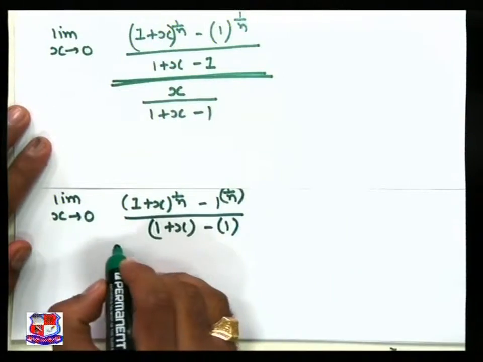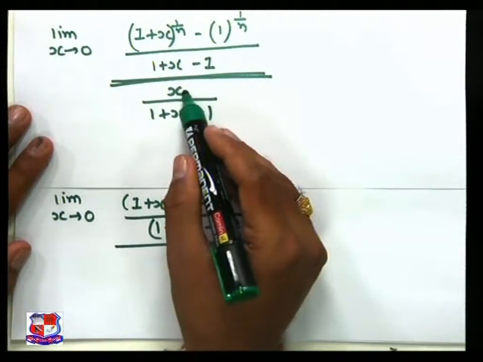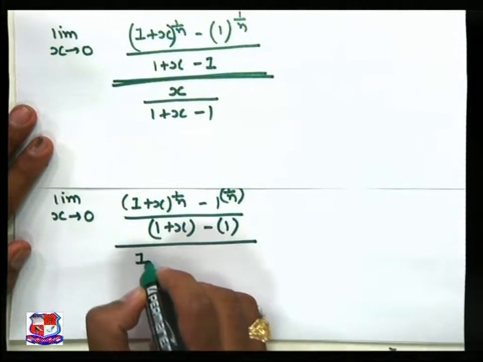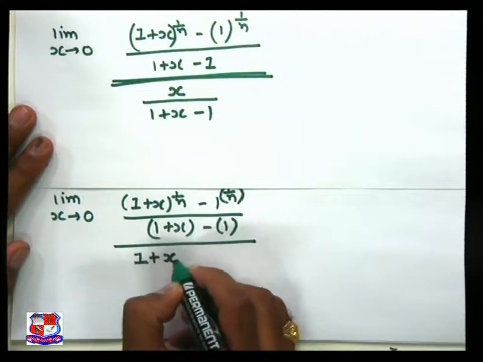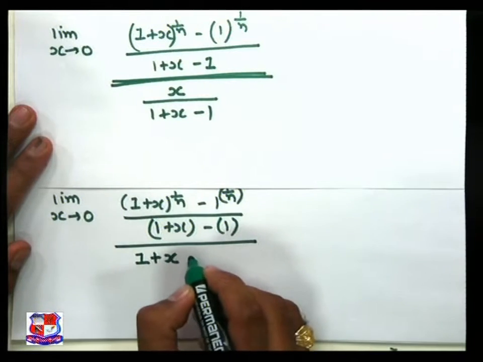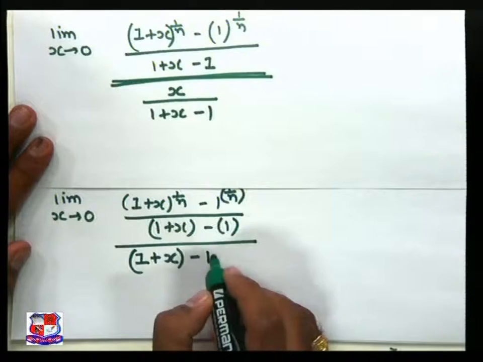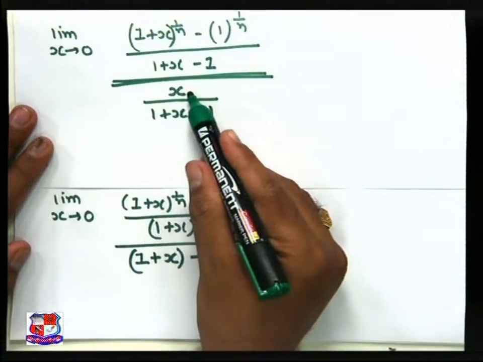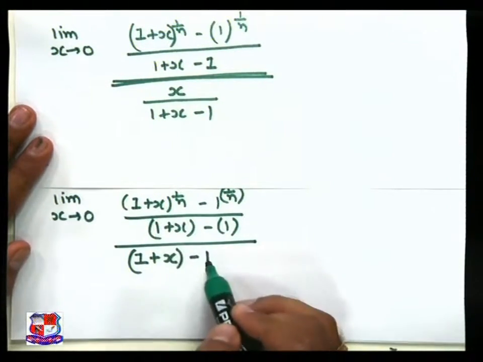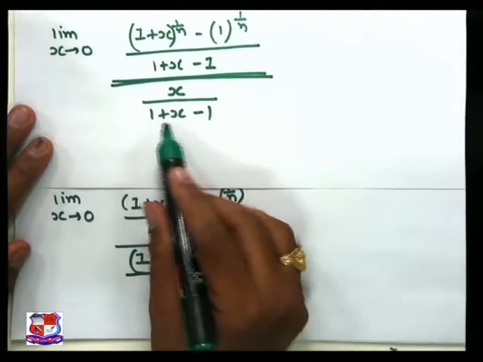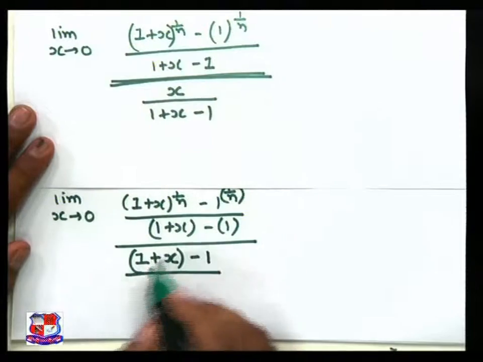Now all divided by this x; convert it to the 1 plus x minus 1 form. So we can write it in this way: 1 plus x, add plus 1 and then subtract minus 1. So ultimately this x becomes 1 plus x minus 1, divided by, write this value as it is, 1 plus x minus 1.